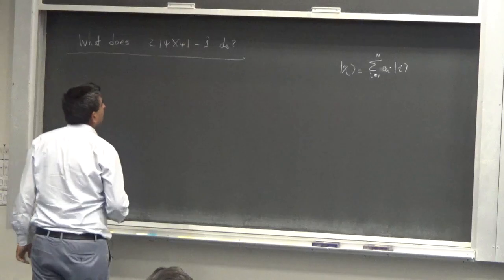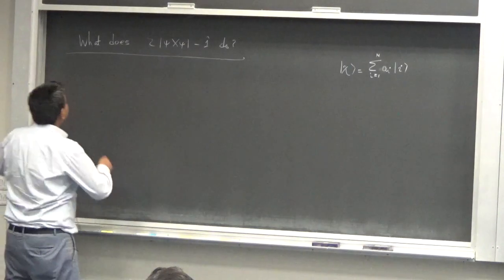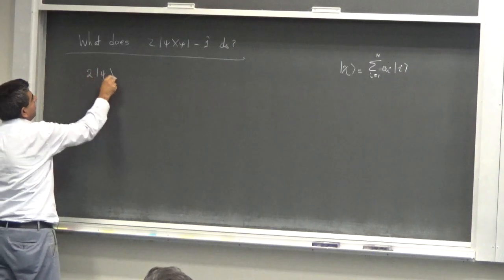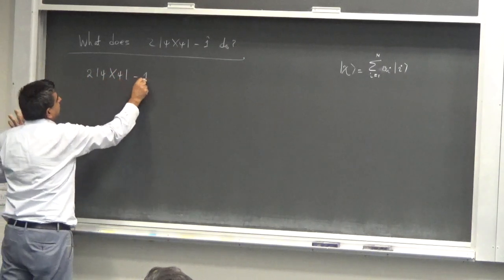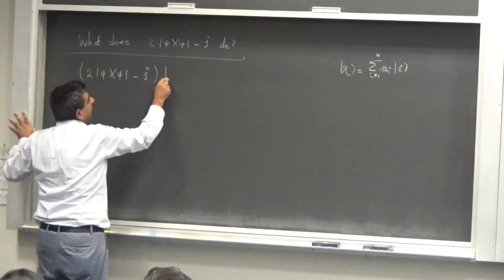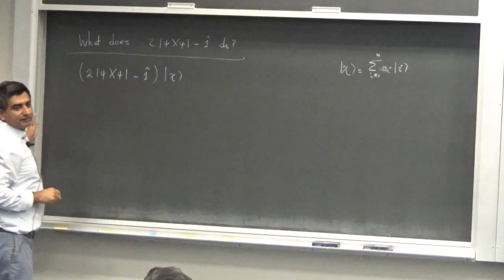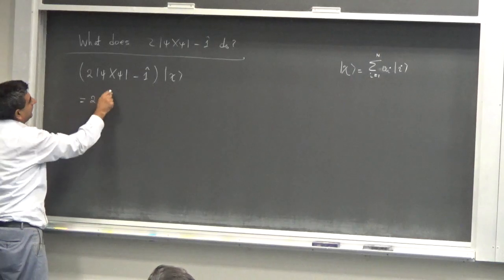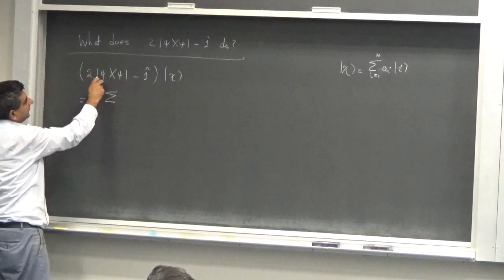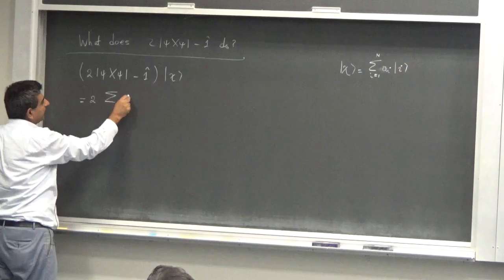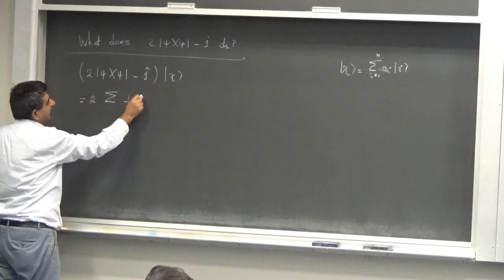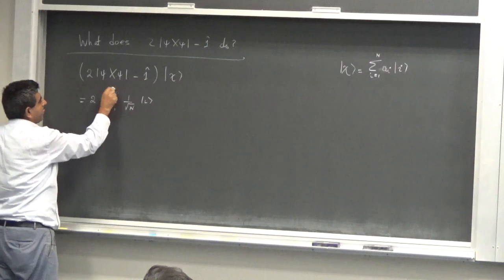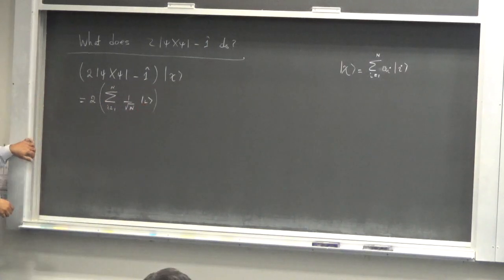Alright, so if I just look at the operator acting on chi, this chi is given by 1 over root n, sum of ket i, correct?